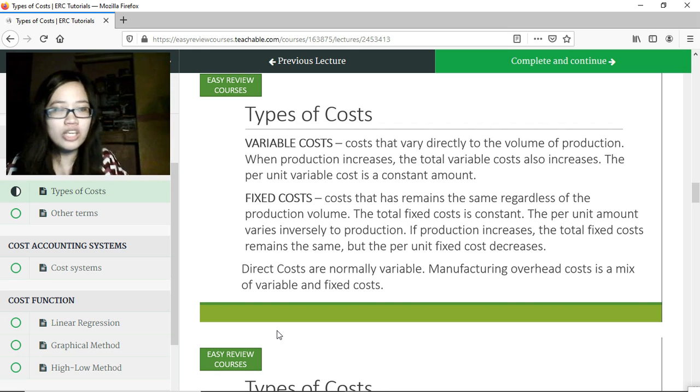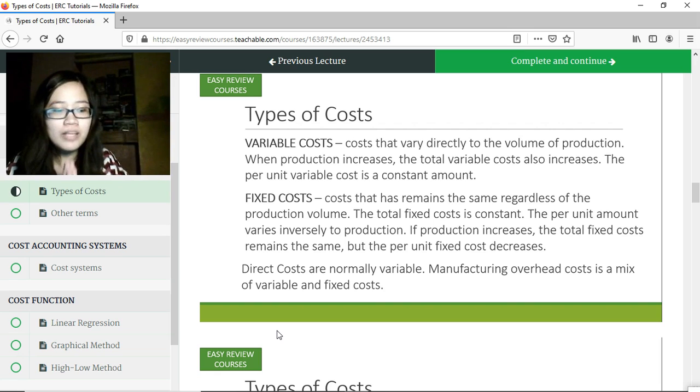And for that particular month, nag-produce ka man ng isang notebook, magbabayad pa rin yung business ng 10,000 for the rent ng building, right? Or mag-produce ka ng 1,000 notebooks, ang babayad mo na rent, 10,000 pa rin. Mag-produce ka ng 20,000 notebooks, ang ibabayad mo sa rent, 10,000 pa rin. Okay? So, yung fixed cost, yung total amount niya is fixed.